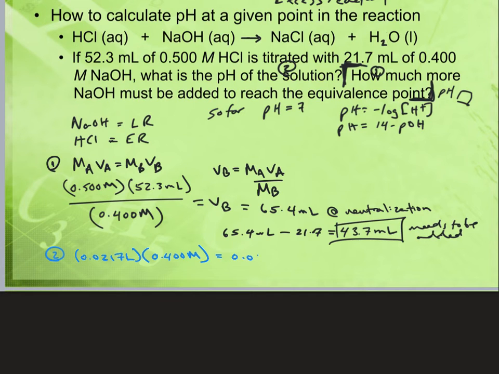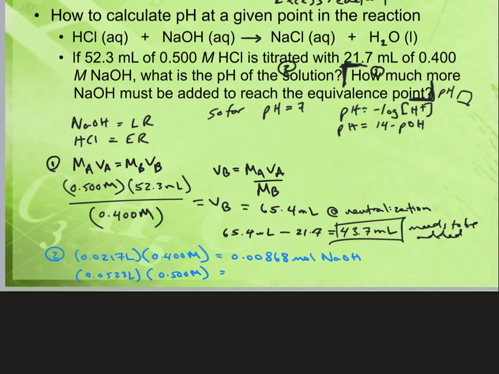This is 0.00868 moles of NaOH. Okay, I could turn that into moles of HCl. But what I need to do is also find out how many moles of acid I started with. So this would be 0.0523 liters times 0.500 molar.